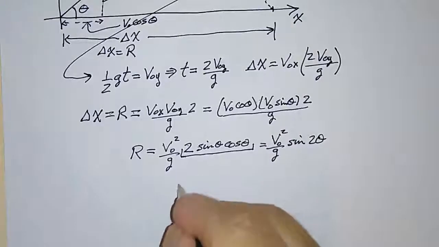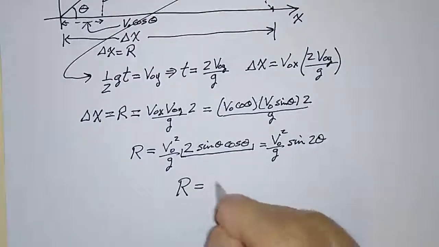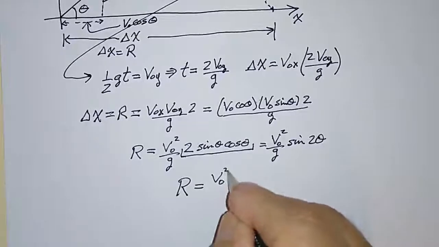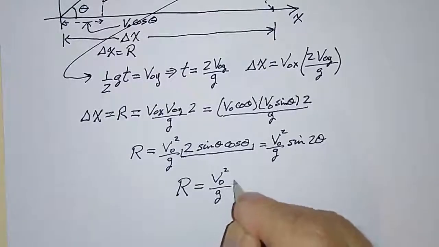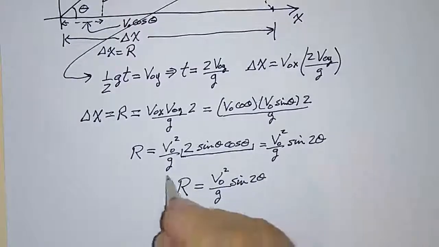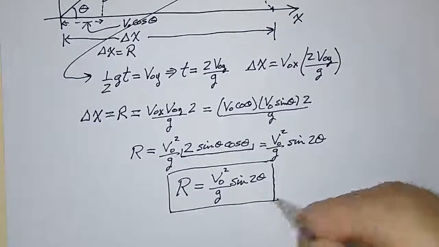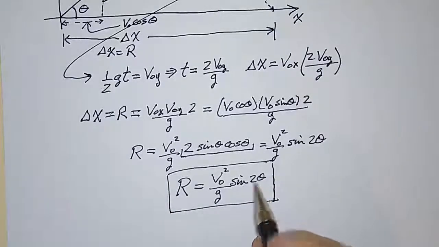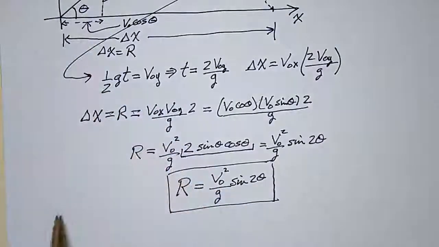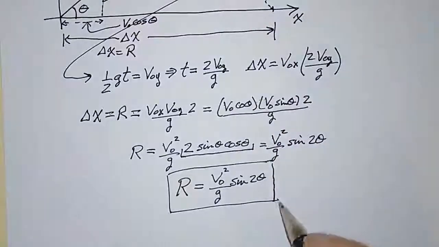So the horizontal range of a projectile then is just v0 squared over g times the sine of 2 theta. That's where it's launched with an initial velocity v naught at an angle theta with respect to the x-axis, and it comes down at the same altitude that it took off from.